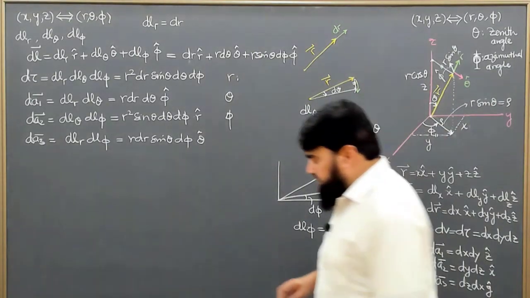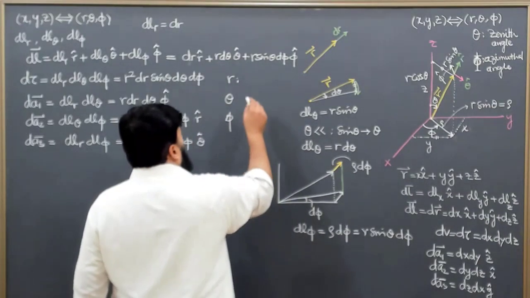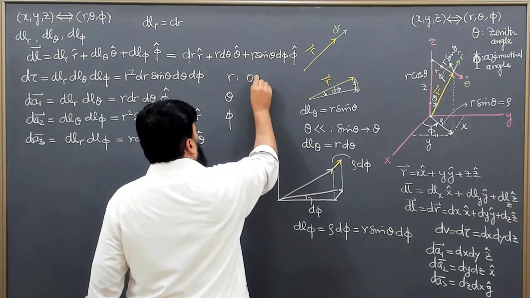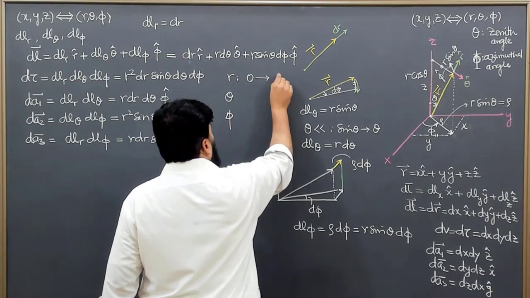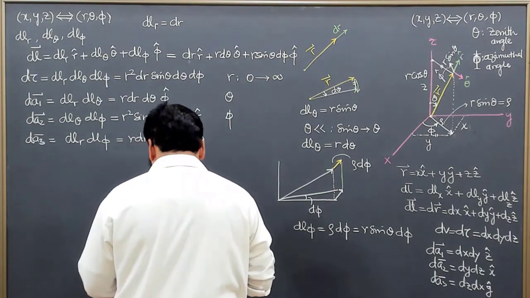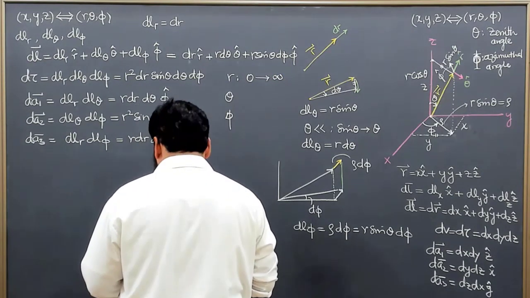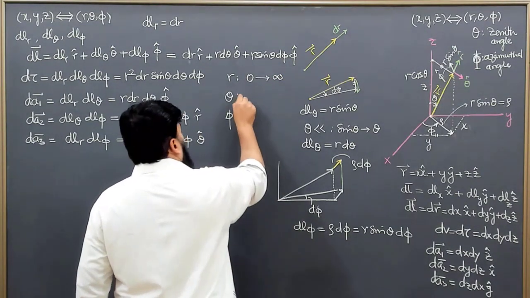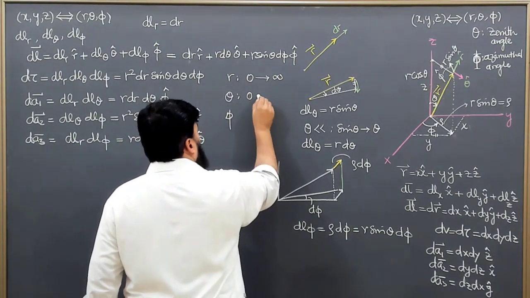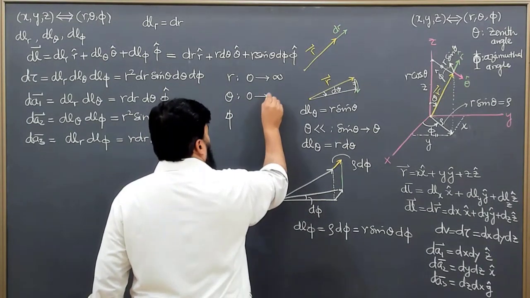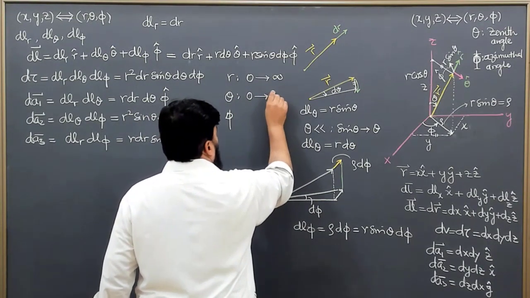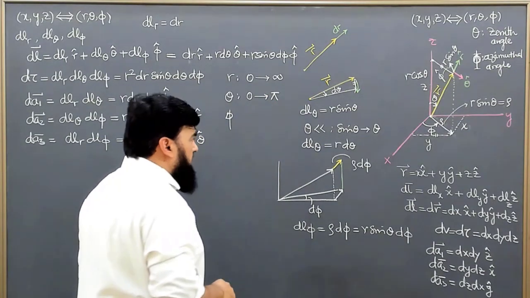For a sphere it is 0 to R, but generally it goes from 0 to infinity, while theta goes from 0 to pi. The zenith angle goes from 0 to 180.